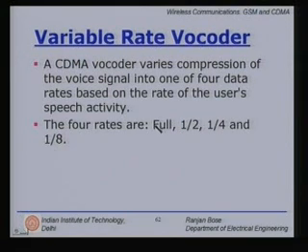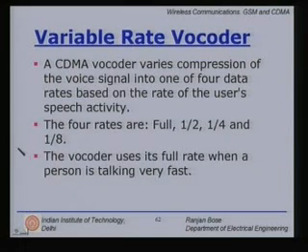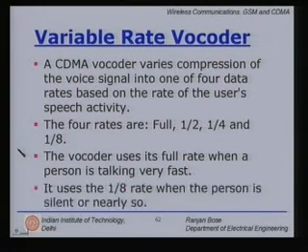So, when a person is continually talking, then you use the full rate vocoder, and when there are deliberate gaps in the speech, then you go by 1/8. The vocoder uses its full rate when a person is talking very fast. It uses 1/8 rate when the person is silent or nearly so.